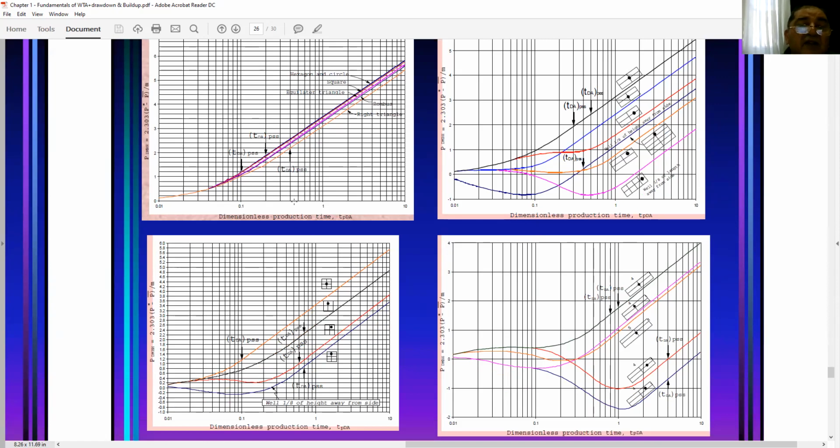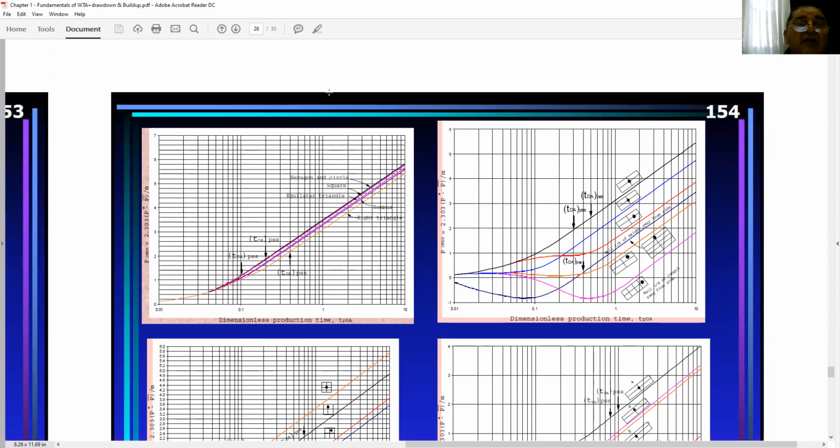Then from the calculated tpDA, for example, this is your tpDA, and you have, for example, a circular shape. So for the circular shape, you're going to read PDMBH, the dimensionless pressure calculated by Matthews, Brons, Hazebroek.